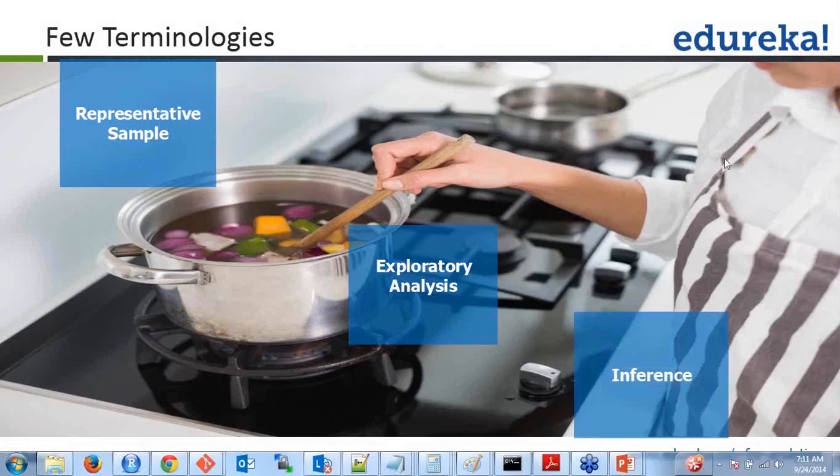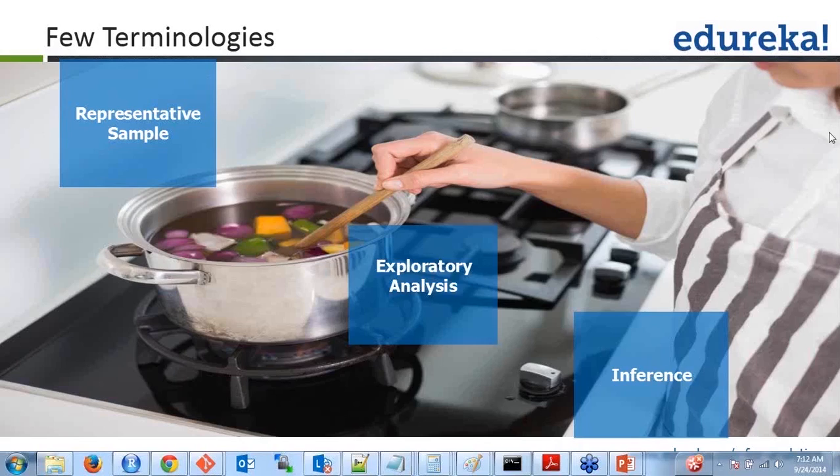So let me revisit these analogies because they are extremely important for someone who wants to use statistics in a real life situation. Assume that you are preparing a soup. You wanted to check if everything is fine, but you will not be drinking the entire soup to find out if the soup is okay, right? Similarly, you take a teaspoon of soup to check if the soup is fine, if it is in proper mix, and so on.